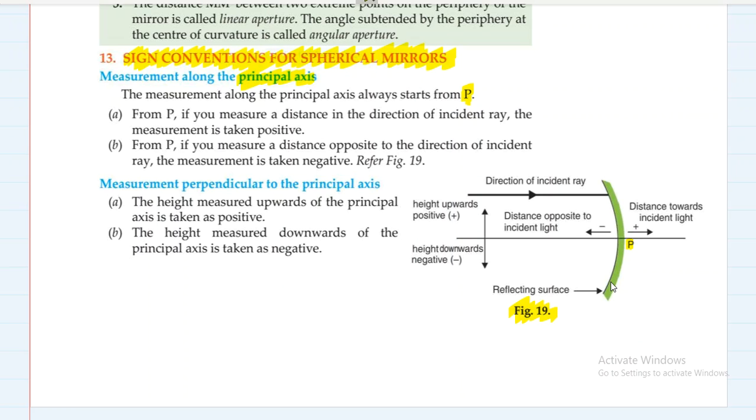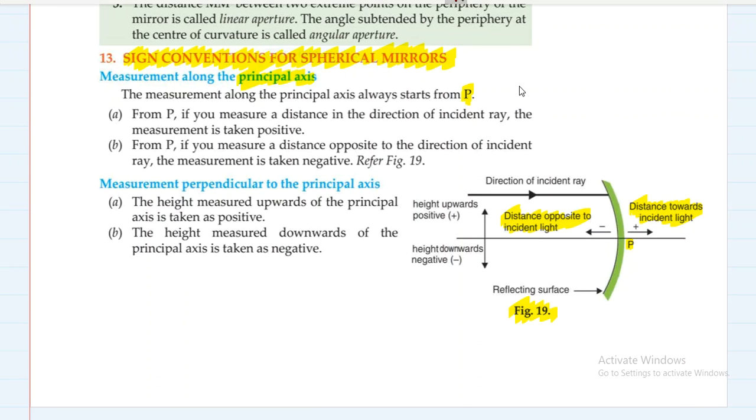Always measure the distances along the principal axis from pole, starting from pole. From P, if you measure a distance in the direction of incident ray, the measurement is taken as positive. Distances towards incident light are taken as positive. P से right में सारे distance को positive consider करो. P से left में सारे distances को negative consider करो.